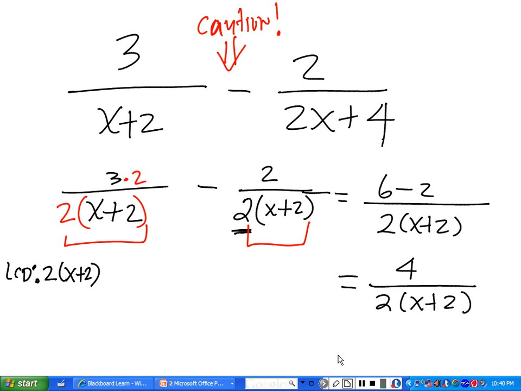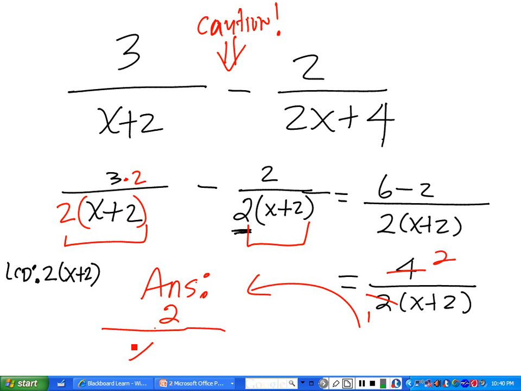You can simplify them. What number goes into 2 and 4? 2, of course. 2 goes into 4 two times, and 2 goes into 2 one time. Therefore, the answer is, drum roll, 2 over x plus 2.